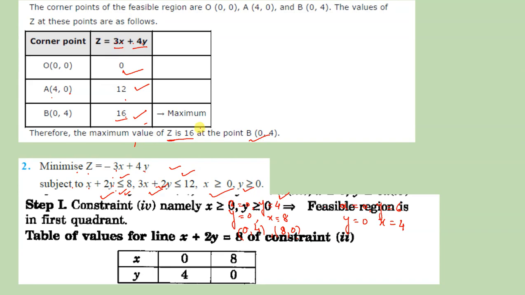So the half plane determined by both the inequalities will be towards the origin. For this inequality and for the second one also, the half plane will be towards the origin. So the common part is this shaded part. And since x and y both are positive, so the shaded part will be restricted only in this first quadrant.